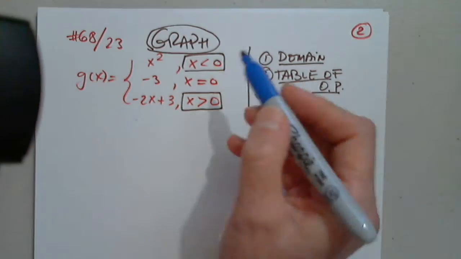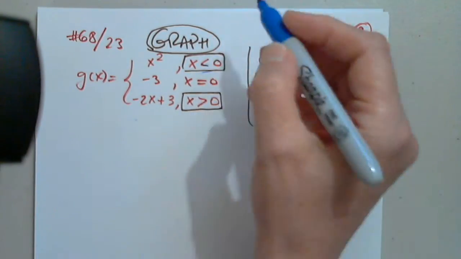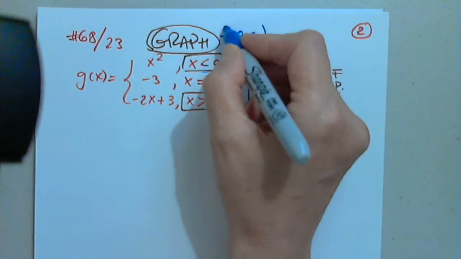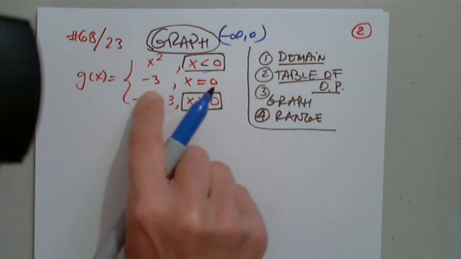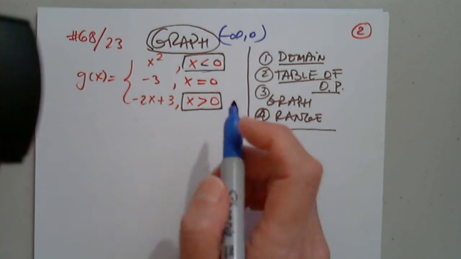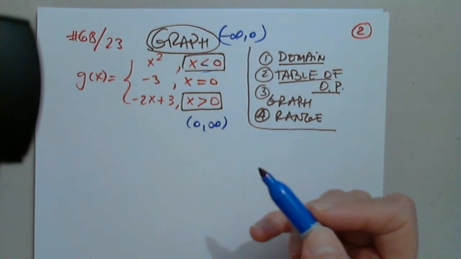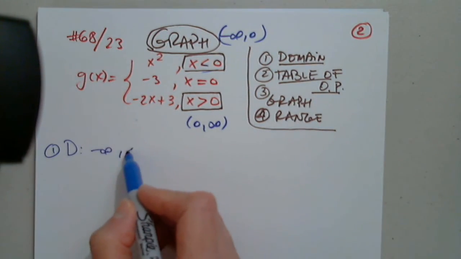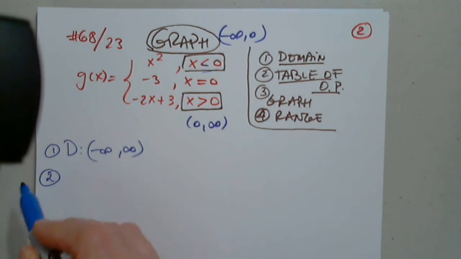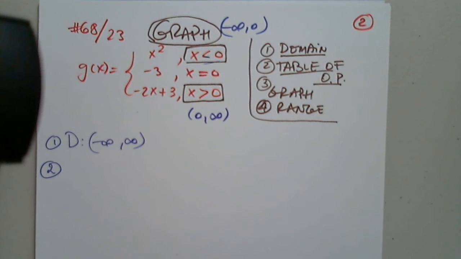Right, there is nothing missing. This interval says negative infinity to 0. 0 is here, some value. When x is 0, there is a value for y. And this is 0 to infinity. So nothing is missing. So the domain, so the number 1 is everything. Do we understand how we got the domain? Everyone?